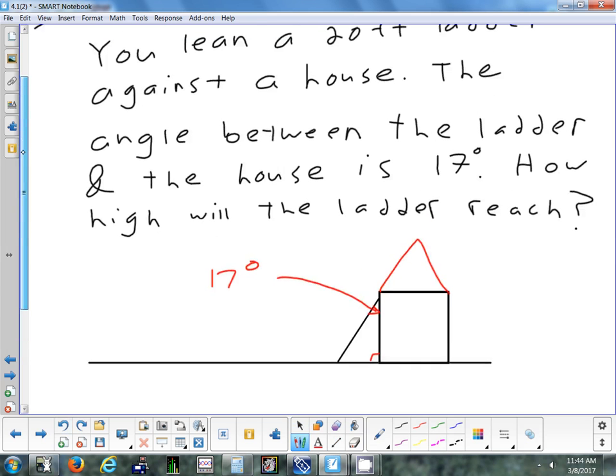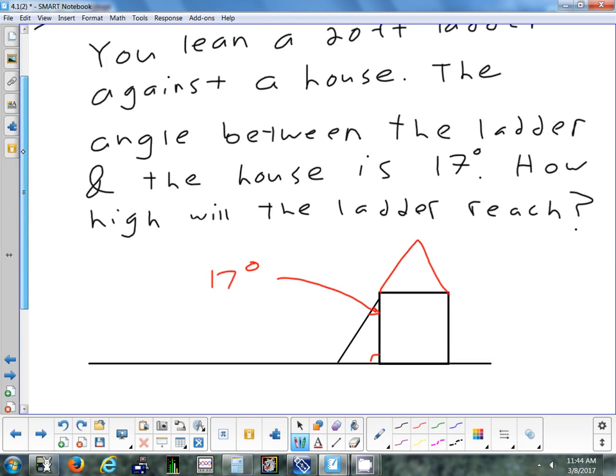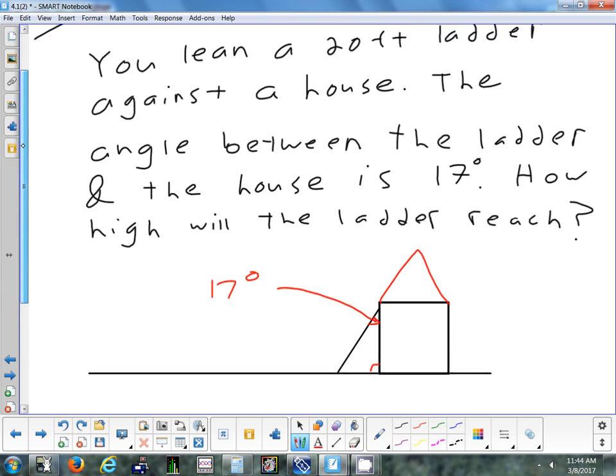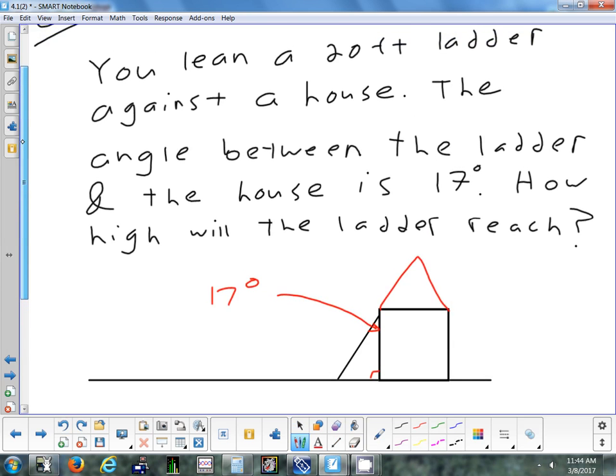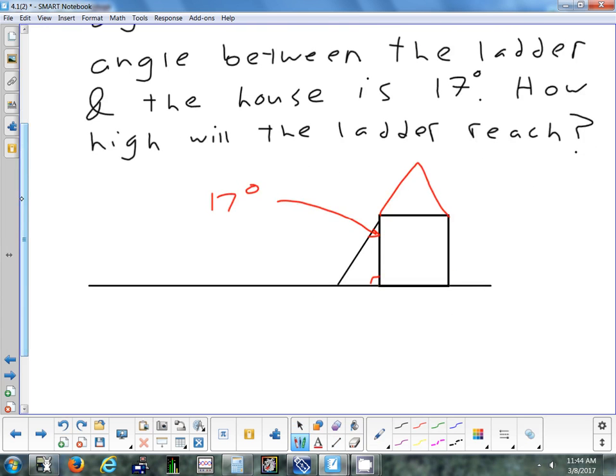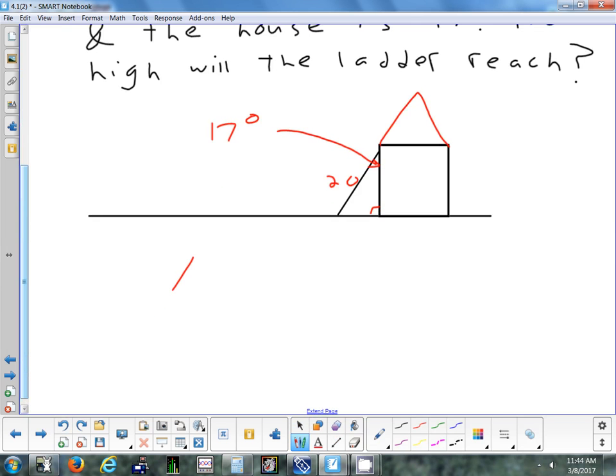And what else do we know? The hypotenuse. Yeah, we know the hypotenuse of that triangle is how long? 20. 20 feet. It's the length of the ladder. So what I'm going to do is draw that triangle off to the side. 20, 17. We're going to assume the house is perpendicular to the ground, which isn't necessarily true, but we're going to hope it is.